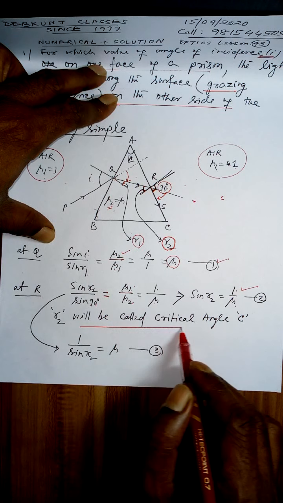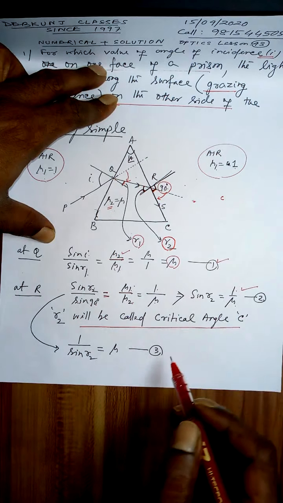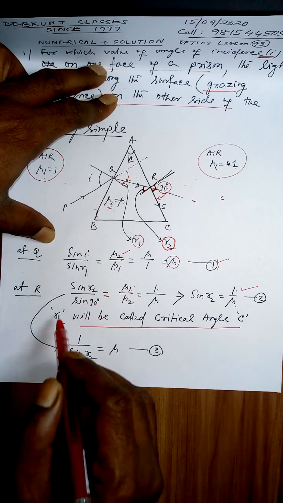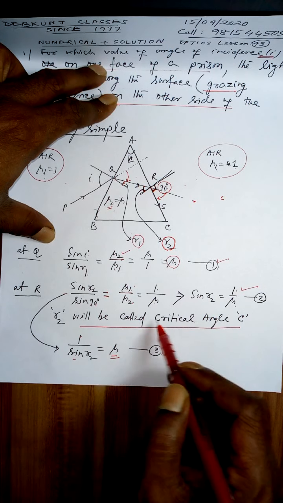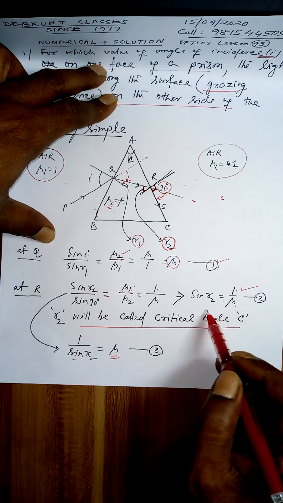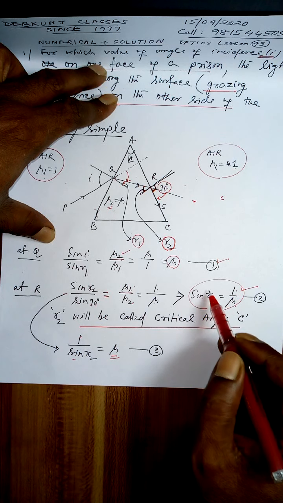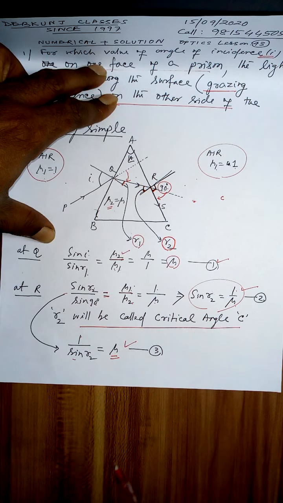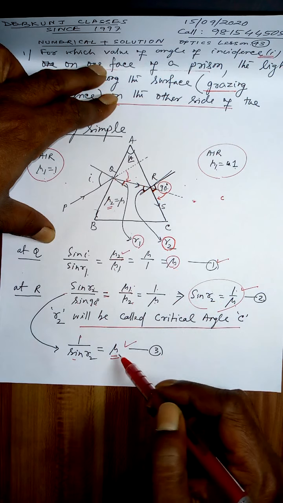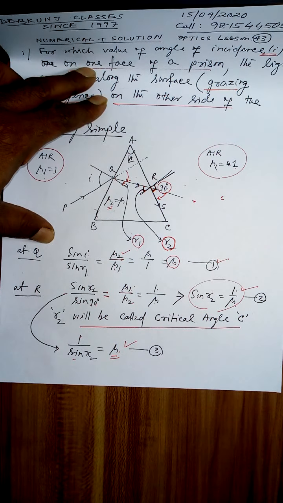R2 will be called the critical angle C, but I have represented it by R2. So from here, if I cross multiply, 1 by sin R2 is equal to mu. It is the same mu, the mu here and mu here, that of the glass.